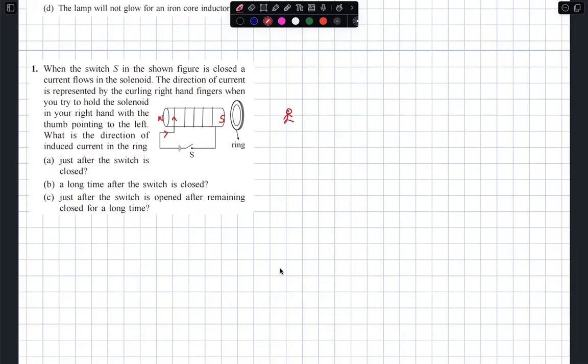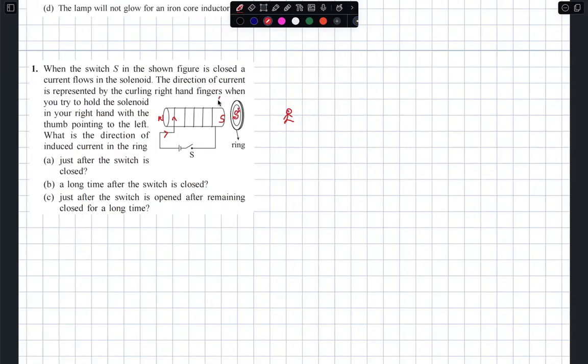Now, it is growing. South is growing. So it has to happen as if it should be repelled. Repelled means you should see a south pole here. So now tell me what is the direction.